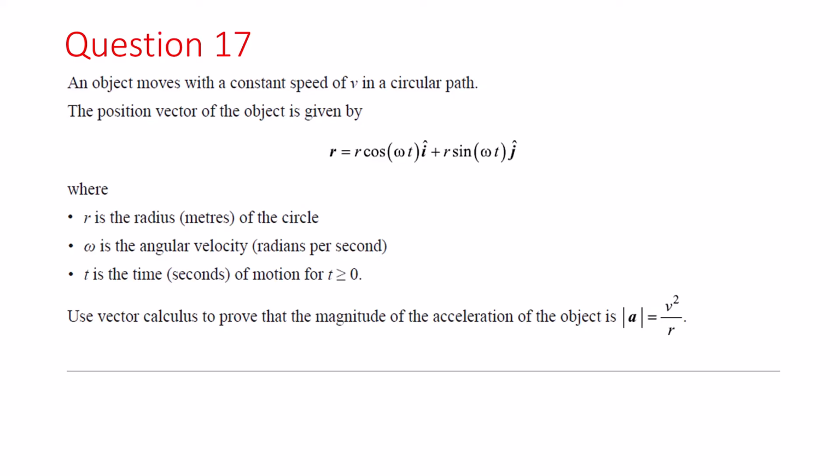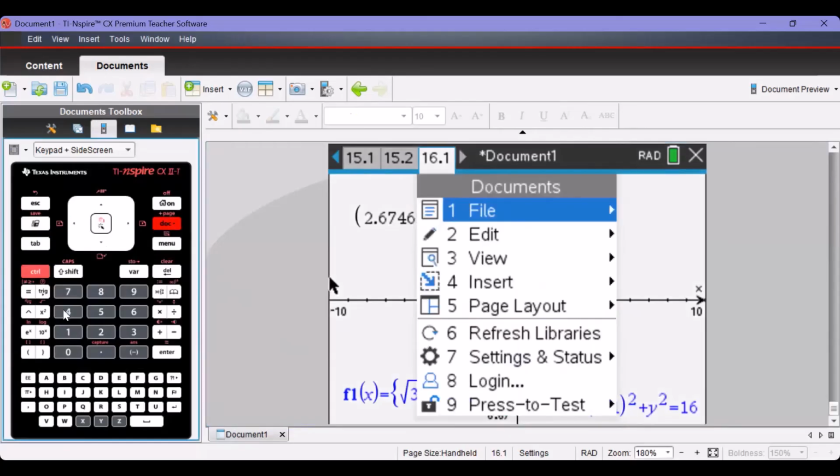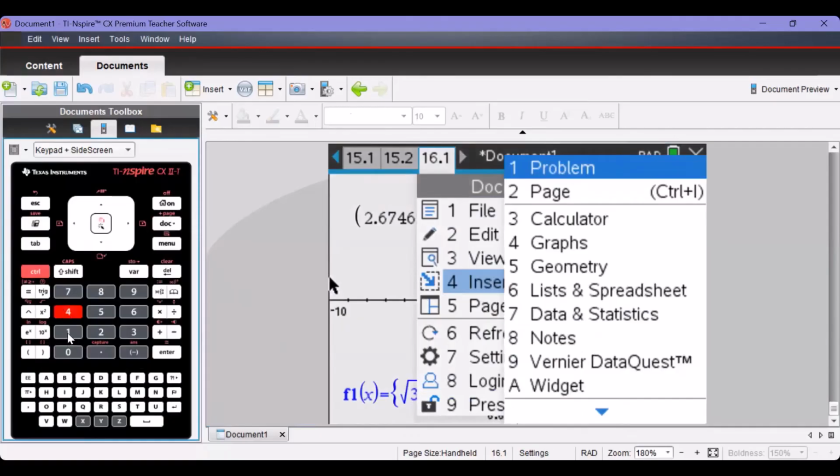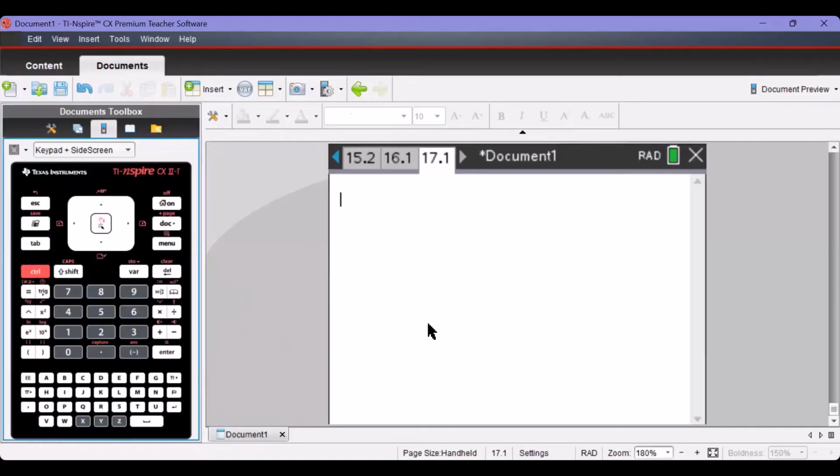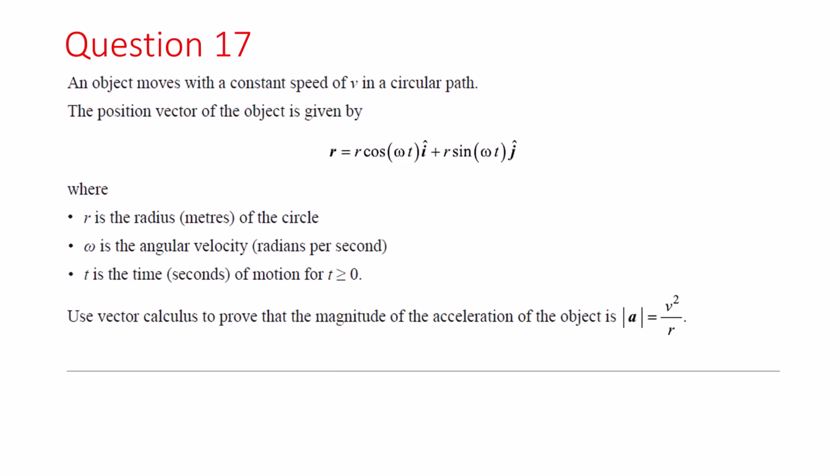Question 17, press doc, 4 for insert, 1 or enter for problem. Press enter. TI-nspire can't be used in question 17. So what you do is you differentiate once to find the velocity vector and then find v squared, and what you'll find is that v squared equals r squared omega squared.